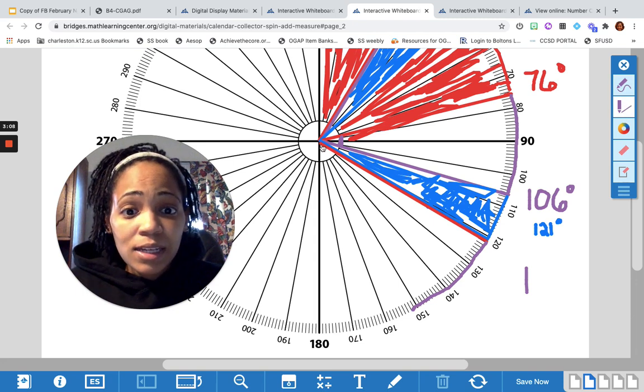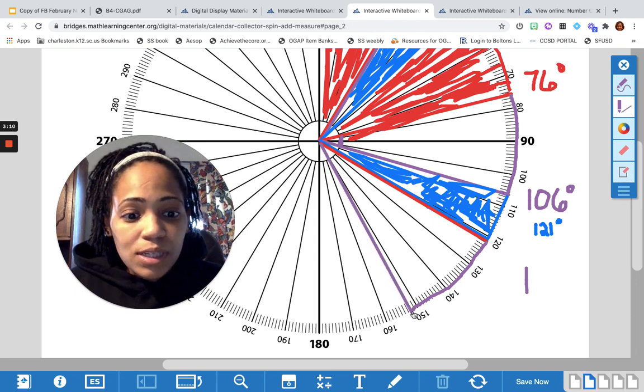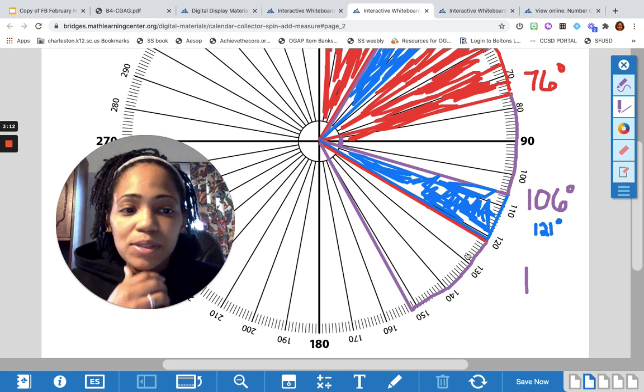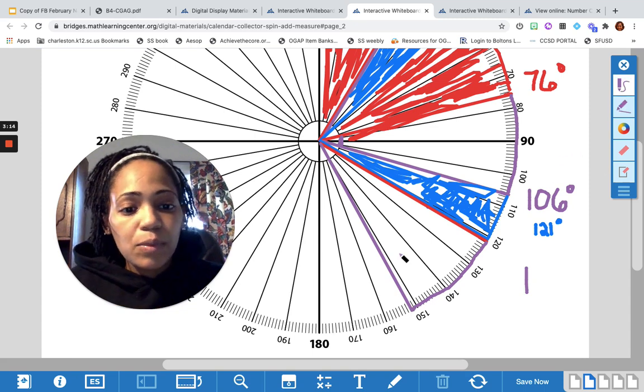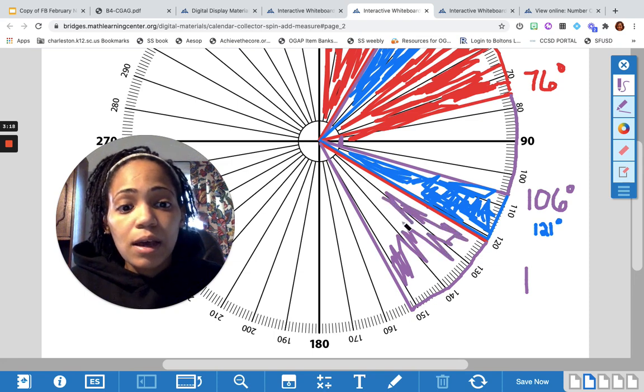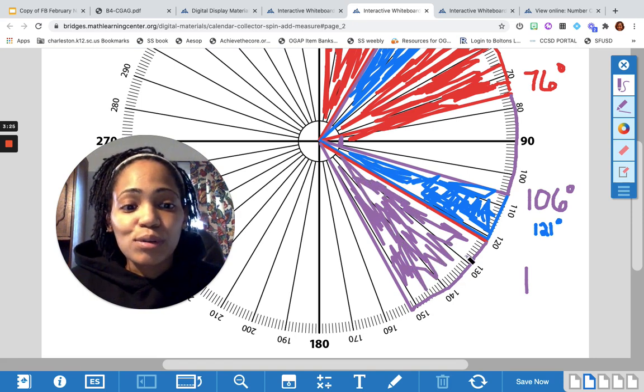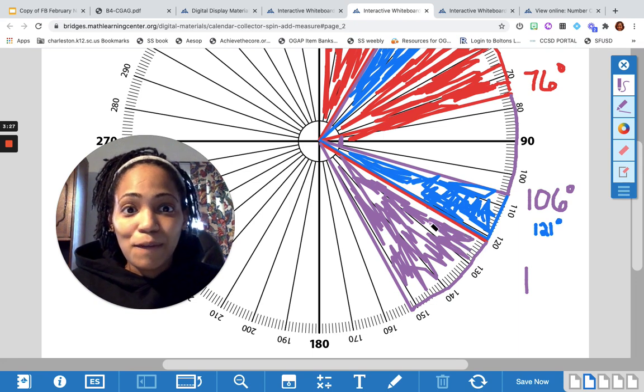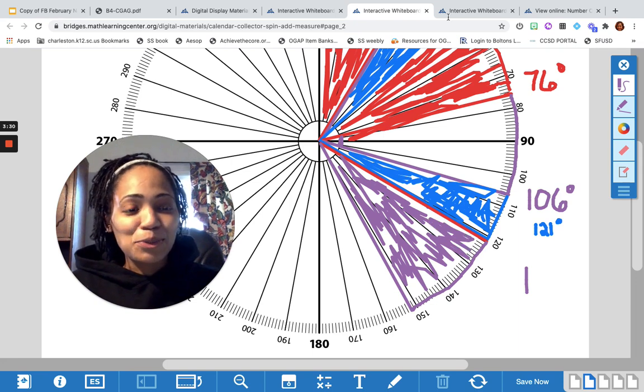Right, it is an obtuse angle. So we're working with obtuse angles currently. We haven't gotten to our straight angle or our reflex angle yet, which is what we just learned about yesterday, the reflex angle. But we'll see. I wonder if we'll need a whole new circle by the end of this month. What do you think? I guess we'll find out shortly.